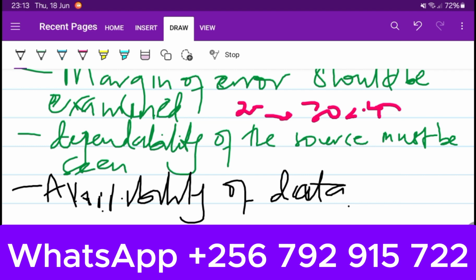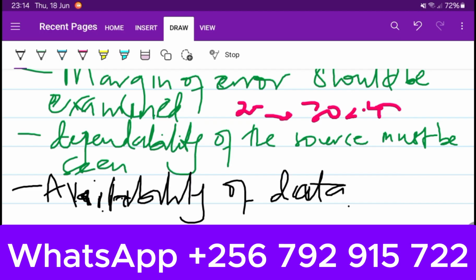So it has to be seen that the kind of data under investigation is available or not. Maybe I have a textbook where I'm getting that information from, so that we can confirm that actually we can rely on that information because it exists. So in case the data is not available, then in this case one uses the primary data. You leave the secondary data because it's not going to be reliable.